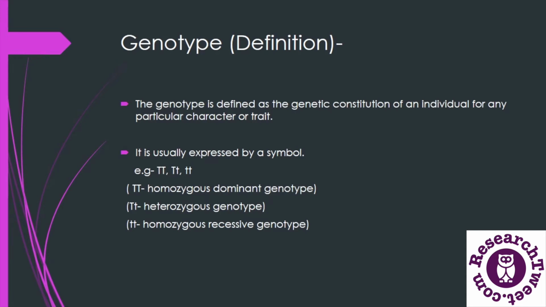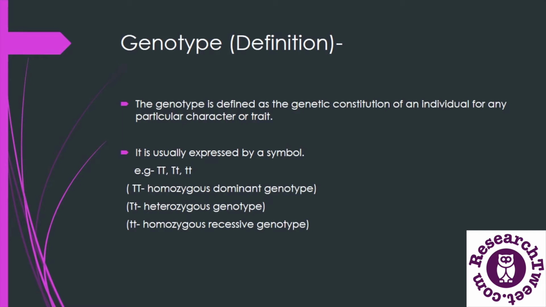So any diploid organism can inherit identical alleles or different alleles from its parents. On the basis of these alleles, a genotype can be differentiated into homozygous dominant genotype or heterozygous dominant genotype, and sometimes homozygous recessive genotype.